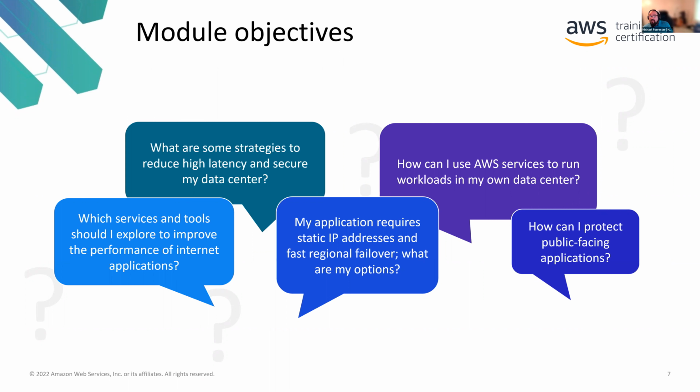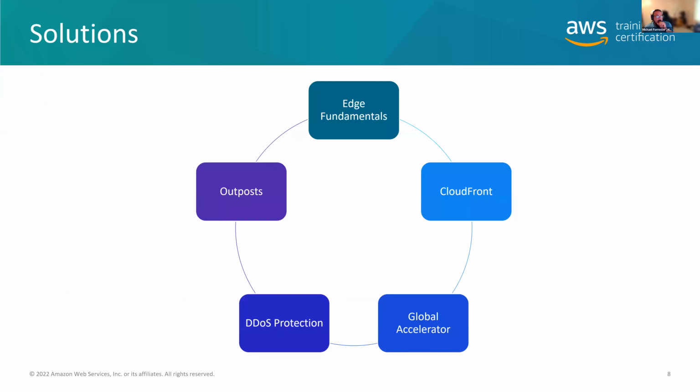What if I need a static IP address globally, something bigger than the load balancers? And can you run AWS workloads using their services and tools in your data center because you require that? How does that work? So we're going to talk briefly about edge fundamentals, and then we're going to talk about some of these specific services that make sense here.